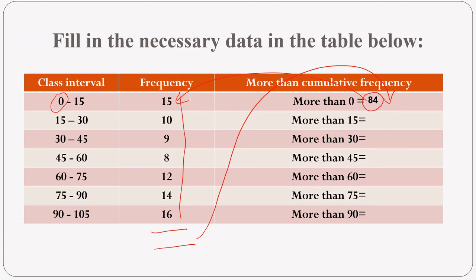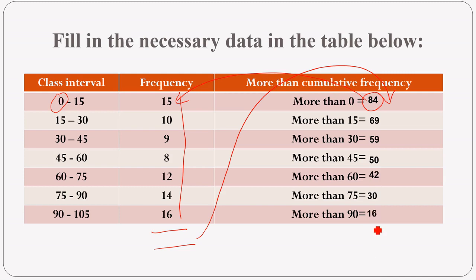So 84 minus 15. So you will be getting, for the next more than 15, 69. Similarly, 69 minus 10, you will be getting 59. 59 minus 9, you will get 50. 50 minus 8, you will be getting 42. 42 minus 12, you will be getting 30. 30 minus 14, you will get 16.